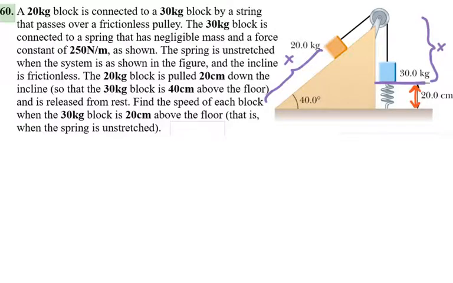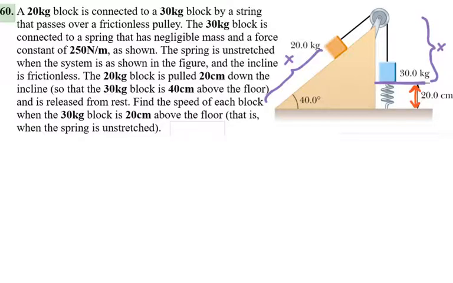Let's stretch it first. The 20 kilogram block goes all the way down the incline. The 20 kilogram block is not moving, so it has no energy at the moment when I stretch the spring. What I have to start with is the potential energy of the 30 kilogram block.